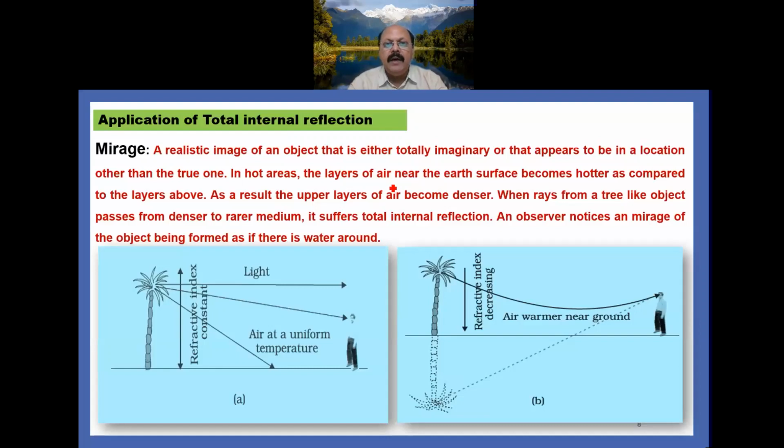As a result, the upper layer of air becomes denser. So when the rays from a tree-like object pass from denser to rarer medium, they suffer total internal reflection, and an observer notices a mirage of the object being formed as if there is water around.